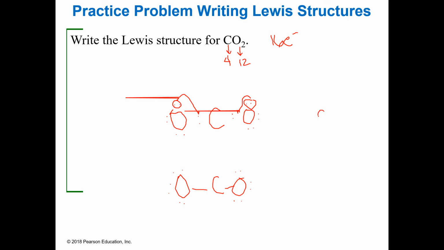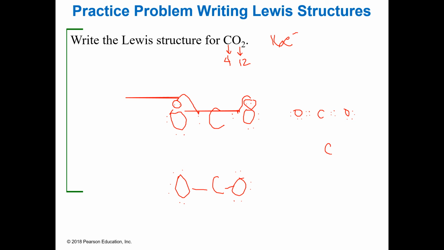So what that leaves me with, these two are still here. And now I have 2 pairs of electrons in between each carbon and oxygen. Okay, so 2 pairs of electrons is equal to a double bond, but now let's see. I have 2, 4, 6, 8 around oxygen, 2, 4, 6, 8 around carbon, 2, 4, 6, 8 around oxygen.